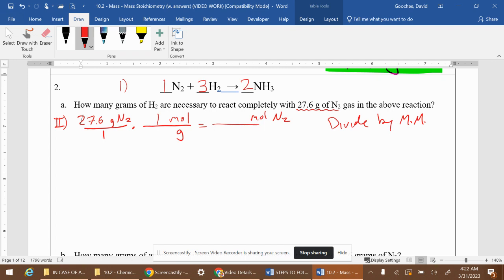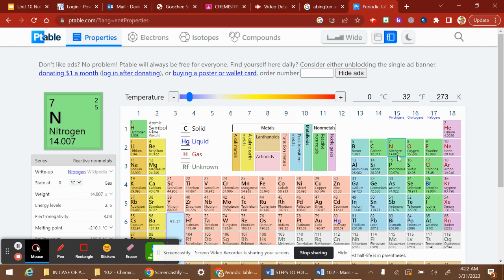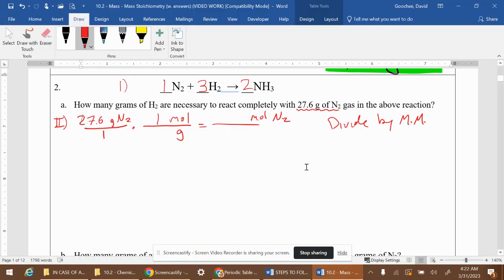Now, to figure out the molar mass of N2, you got to go to the periodic table. Nitrogen is 14.01, so N2 is twice that. So I'm going to add on my calculator 14.01 plus 14.01, that's 28.02. Now I'm going to plug that in. 28.02 grams.